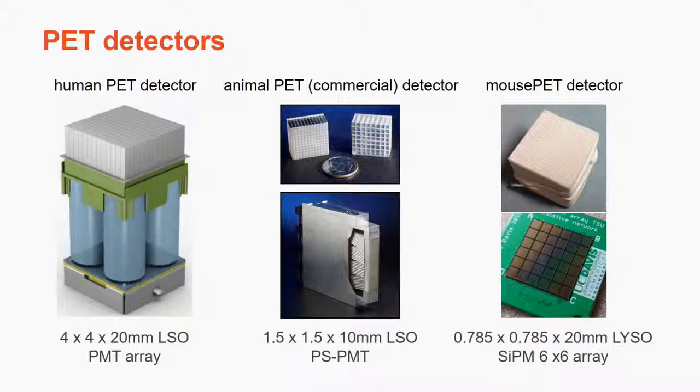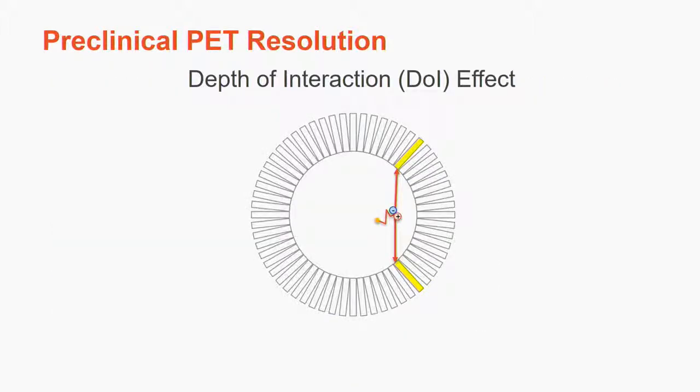And the detector on the right is one that we've been developing in collaboration with Simon Cherry's group at UC Davis to put into our mouse PET system, which uses crystals that are now well below 1 millimetre on the side, and we're using silicon photomultiplier arrays to read out the light from that array. We'll come back to that detector in just a moment.